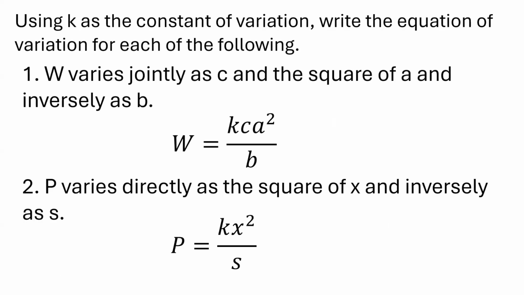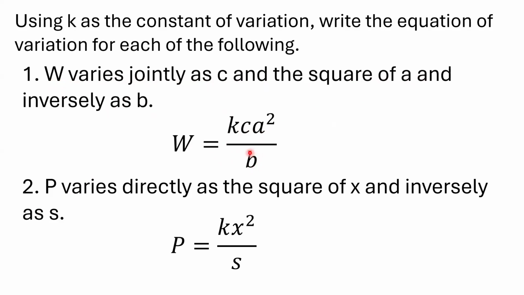Using k as a constant of variation, we write the equation of the variation for each of the following. One: W varies jointly as C and the square of A and inversely as B. If you look carefully at the given examples, it is a matter of how you comprehend a certain problem.